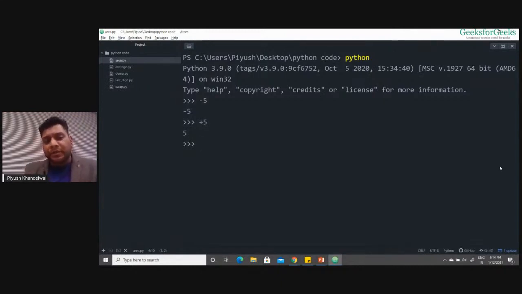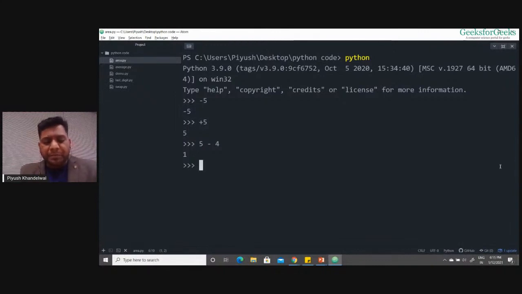So you see this +5, this plus and minus are representing the unary operators, unary minus and unary plus operator. But when I write 5 minus 4, this minus becomes the binary operator, the subtraction operator. Here, this minus is subtracting 4 from 5. So this plus and minus can be used as both binary and unary operators.